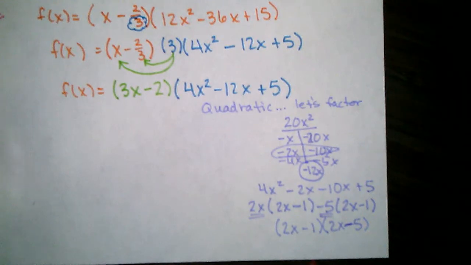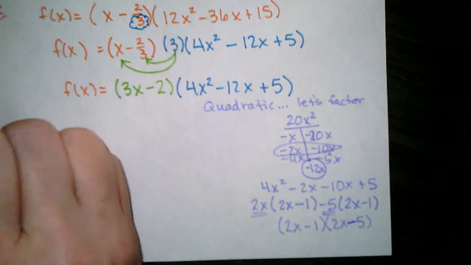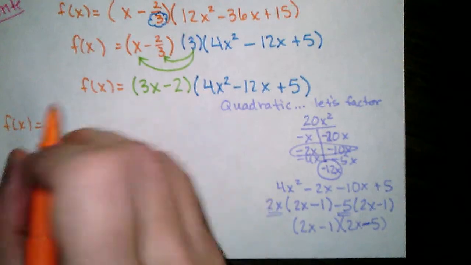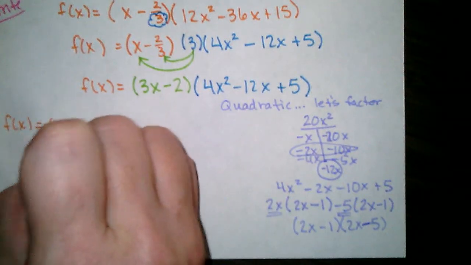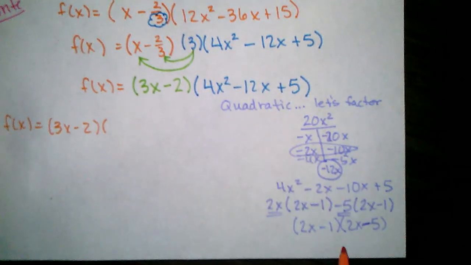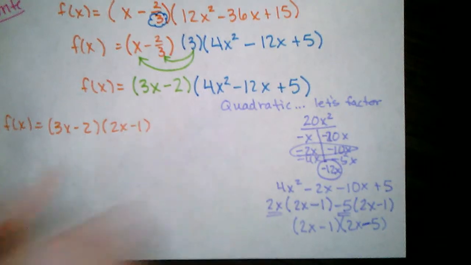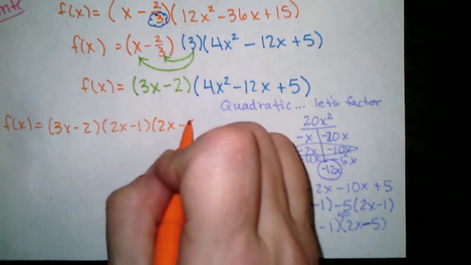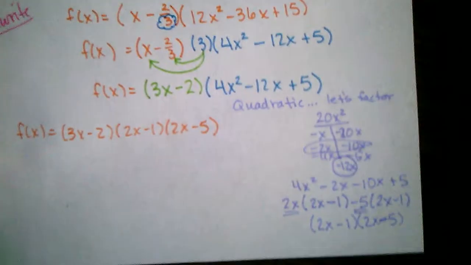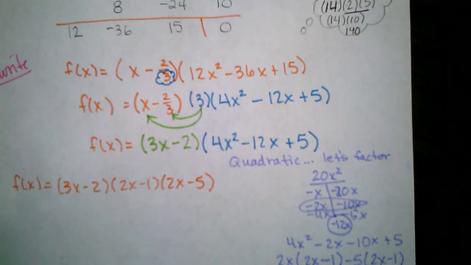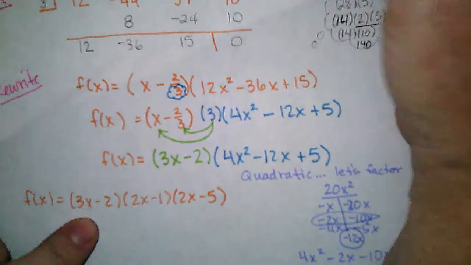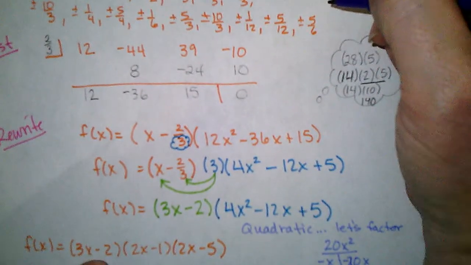So then my function becomes f of x equals 3x minus 2, and then that factored to 2x minus 1 times 2x minus 5. So I actually have my factored form before I know my other two roots.